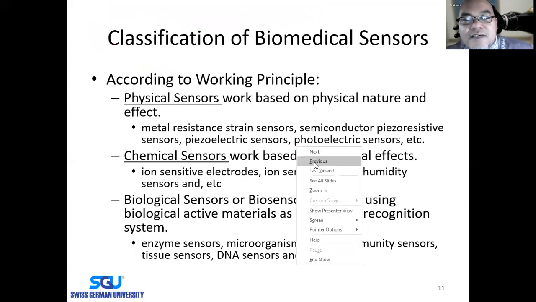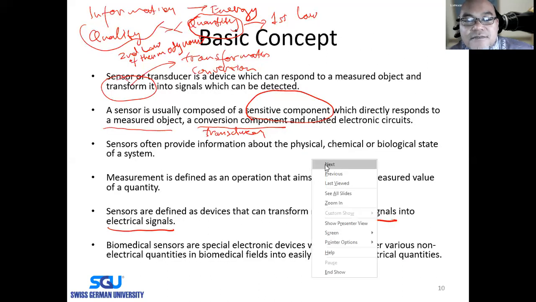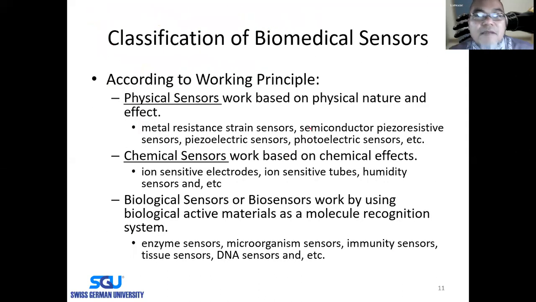Okay, now classification of biomedical sensors. According to the working principle, we can classify biomedical sensors into physical sensors that work based on the physical nature and effect. For example, as we mentioned earlier in the first hour, resistive sensor, strain sensor, semiconductor piezoresistive sensor.